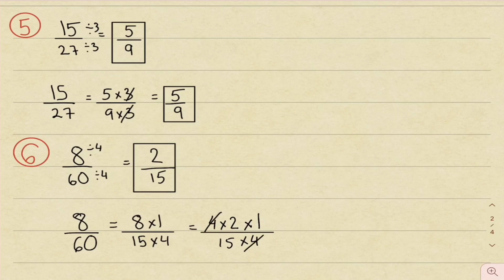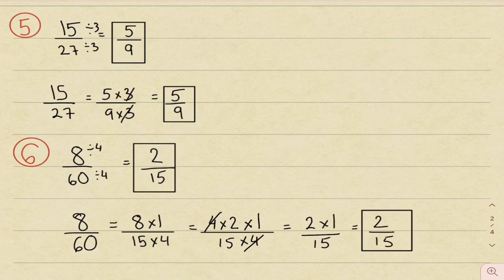So you can cancel them. And now you're left with 2 times 1 over 15. Now, 2 times 1 is 2 over 15. So as you can see, you get the same answer. Even though you have to do a lot of steps, as long as you choose the right numbers, you're always going to get the same answer.